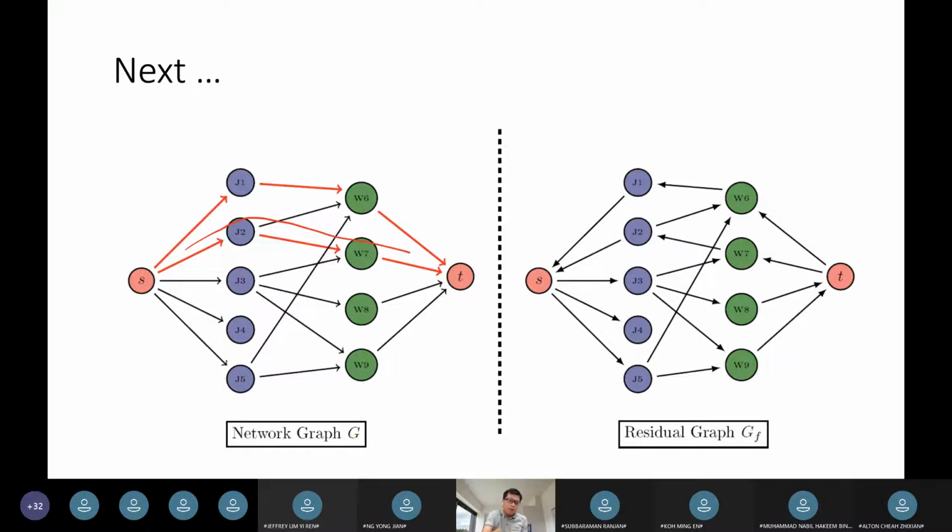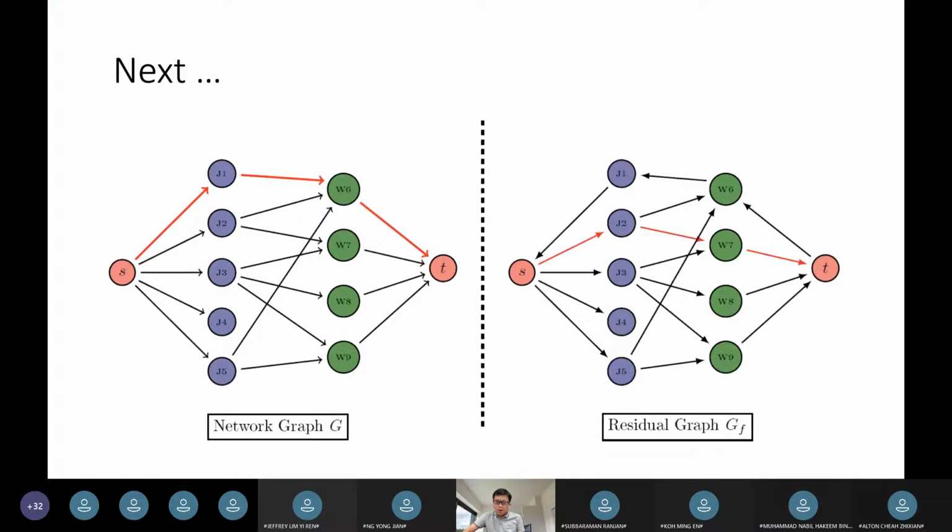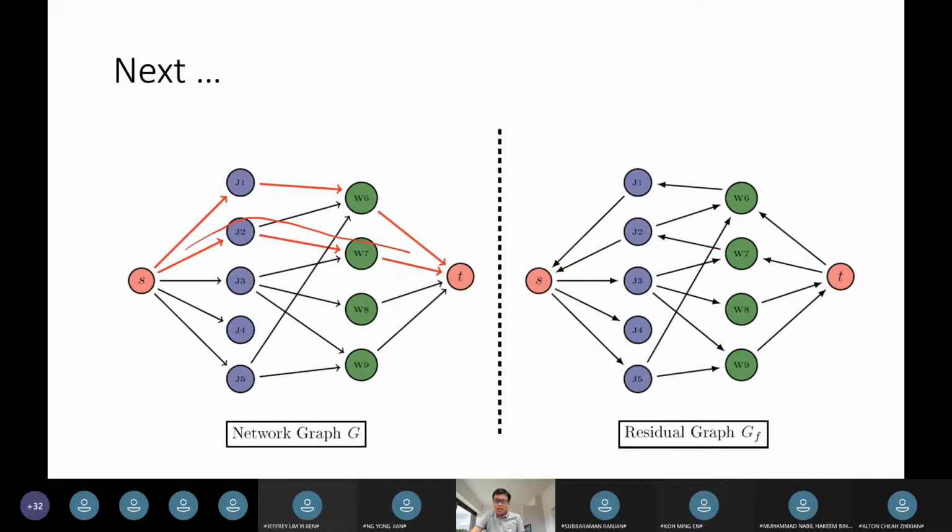That's the flow we found. Then we also update the residual graph. You see the residual graph originally has a red edge here. Now we update it by reversing.